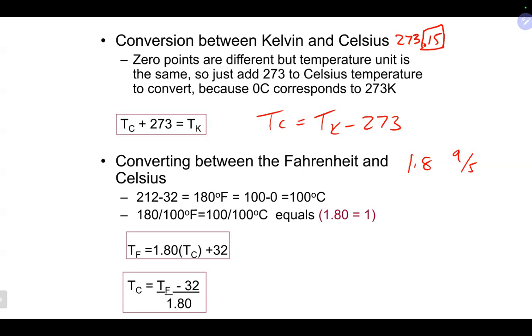If you take 9/5, that is 1.8. So you might have learned the fraction version of it. It's the same conversion. Some people use 1.80, some people use 1.8, and some people use 9/5 on these conversions.